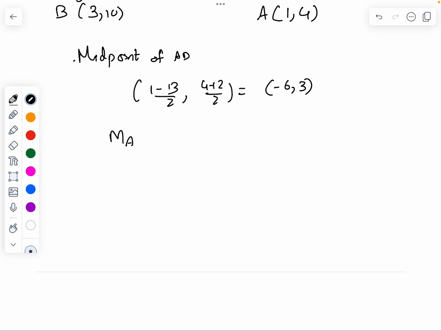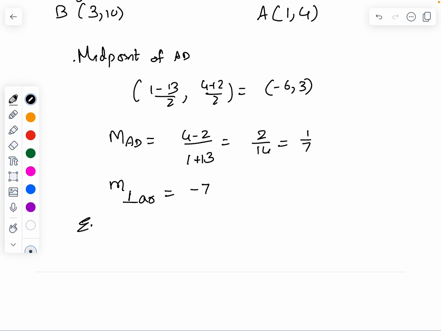Then the gradient of AD: A was (1, 4) and D is (-13, 2). So (y2 minus y1)/(x2 minus x1) is (4 minus 2)/(1 minus of minus 13), which is 2/14, which is 1/7. So the perpendicular gradient will be minus 7.